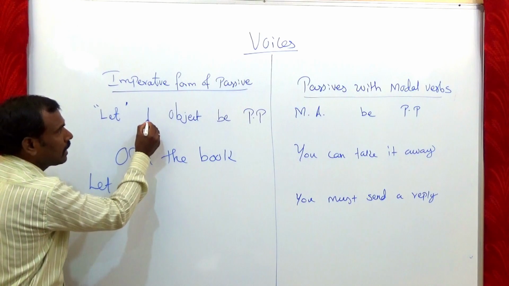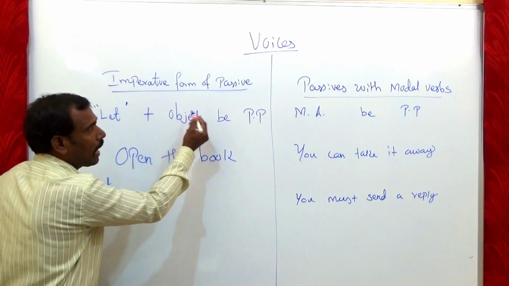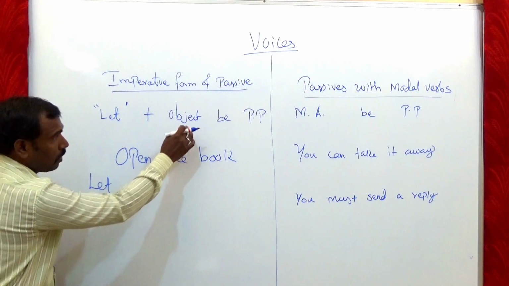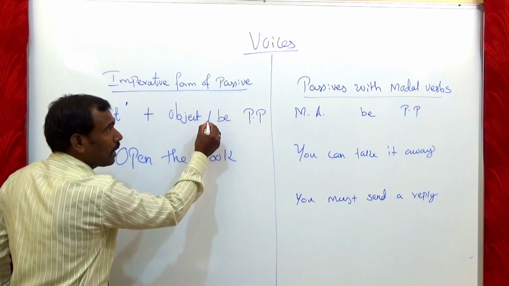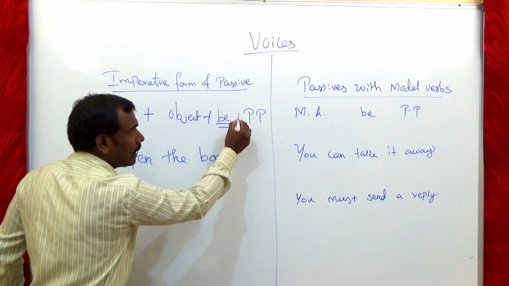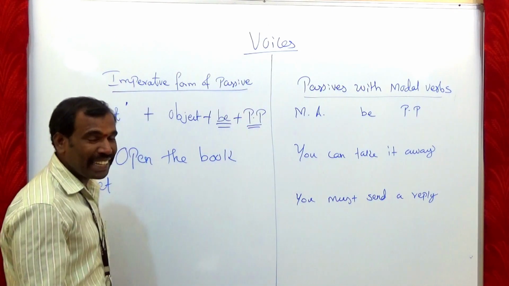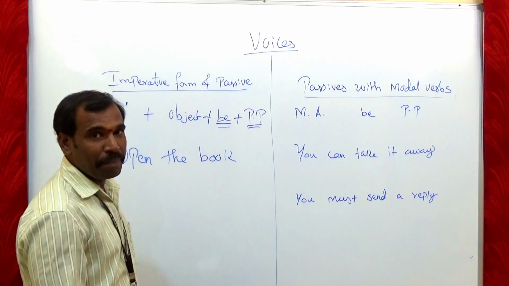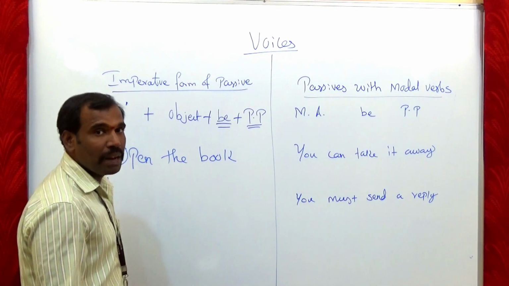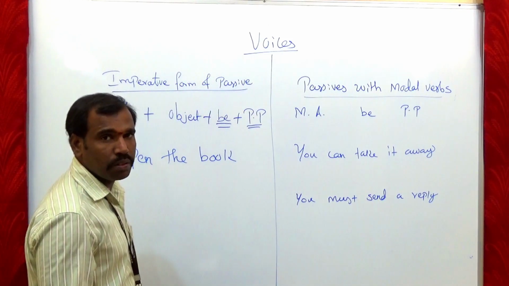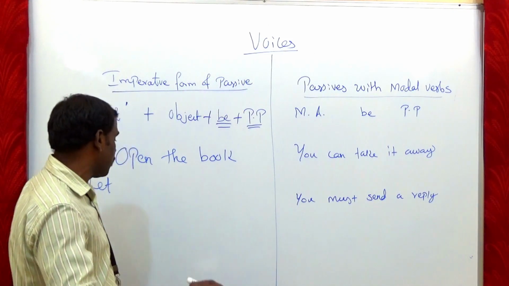It means let, plus next to the let we have to add the object, and it is followed by be and then pp. Do you remember pp? Yes, pp stands for past participle.